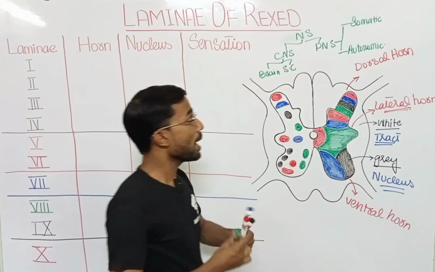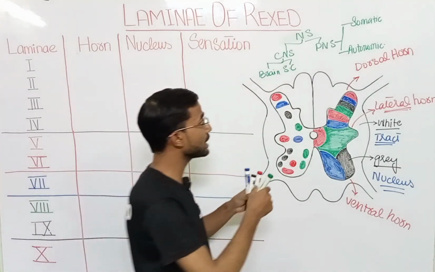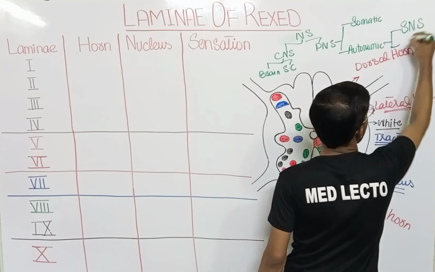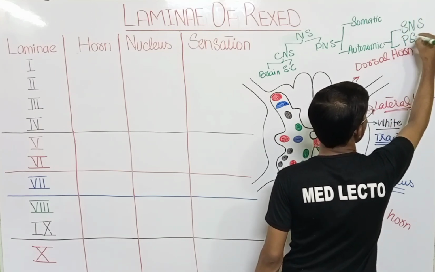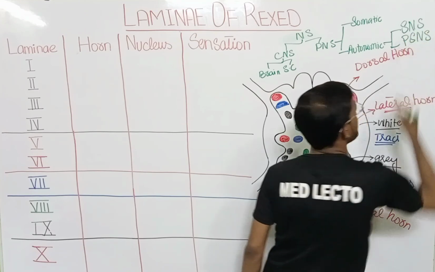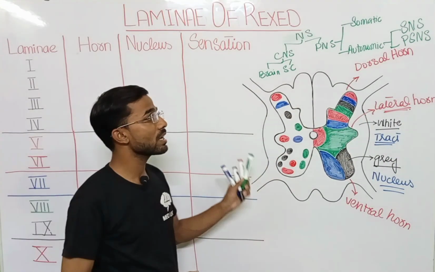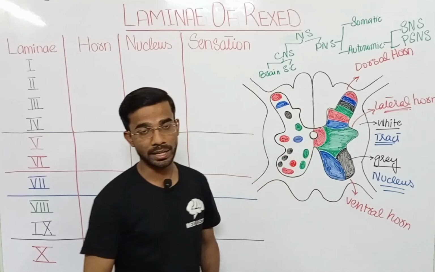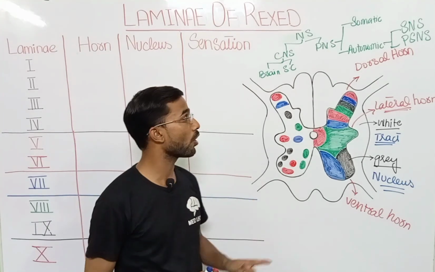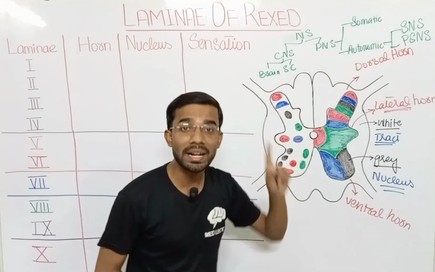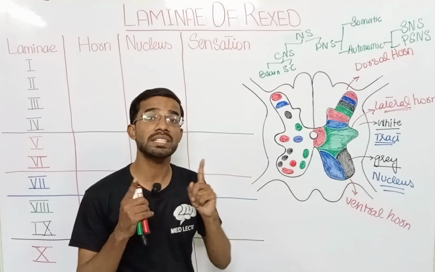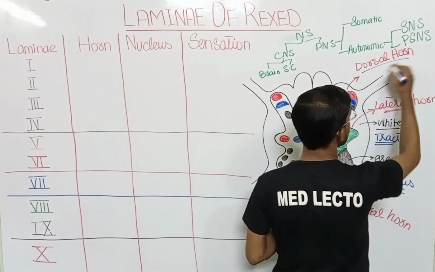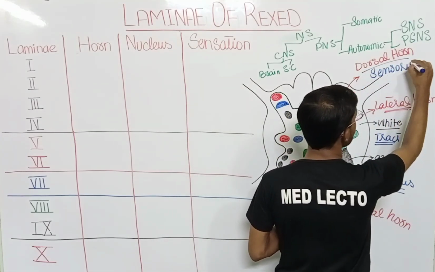In the autonomic nervous system, you further see the sympathetic nervous system and the parasympathetic nervous system. At the dorsal horn, you will receive the somatic information, or you can say sensory information.